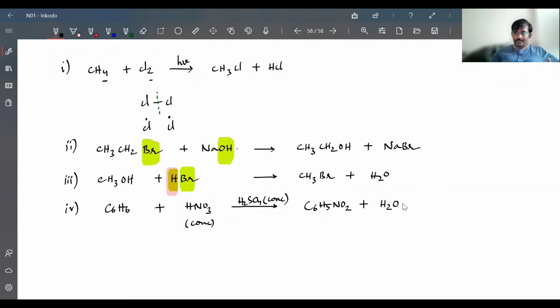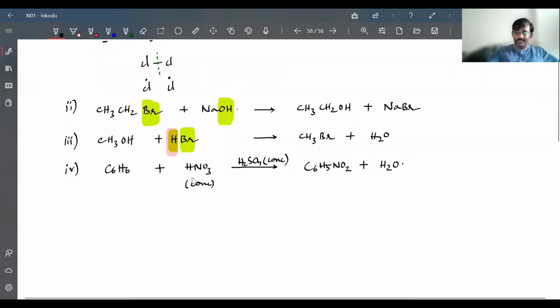Here H plus ion is replaced by NO2 plus. So again it is substitution, but electrophilic substitution, because NO2 plus is the reagent coming, an electrophile. That's why it is called electrophilic substitution.